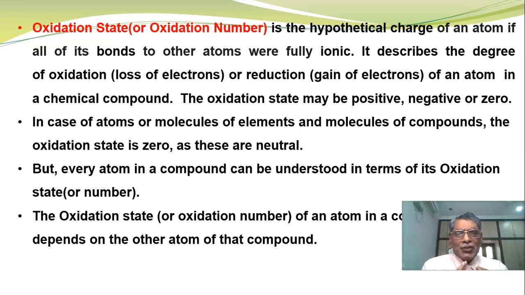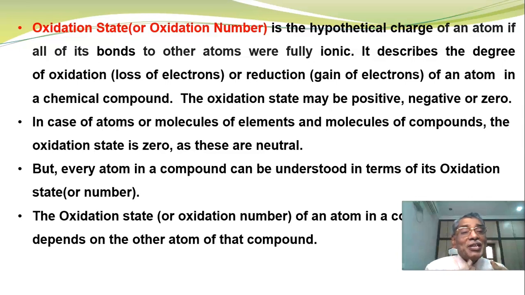What is oxidation state or oxidation number? It is the hypothetical charge of an atom if all its bonds to other atoms were fully ionic. It describes the degree of oxidation, that is loss of electrons, or reduction, that is gain of electrons, of an atom in a chemical compound.